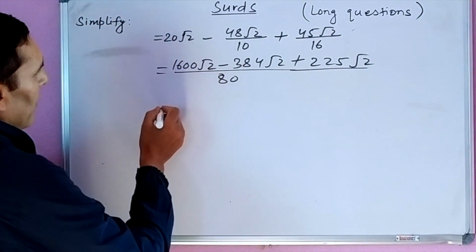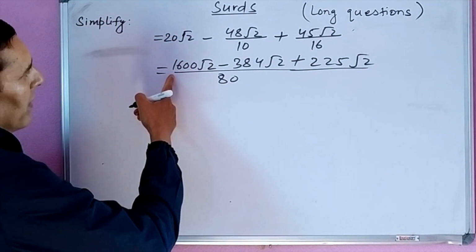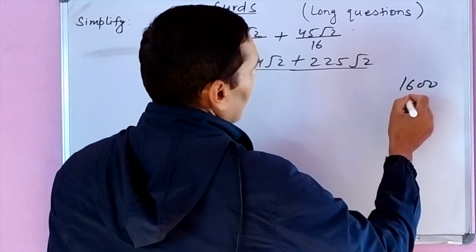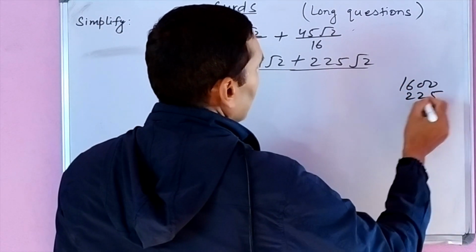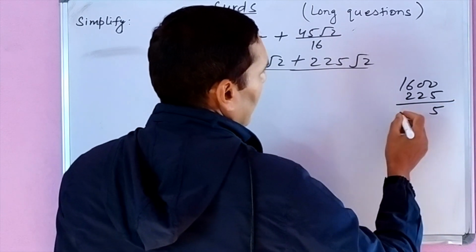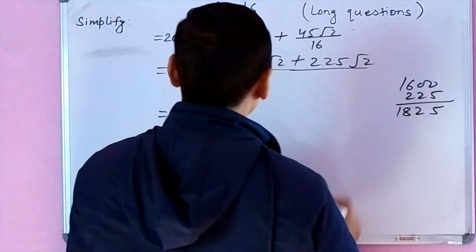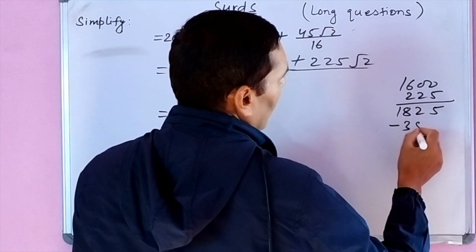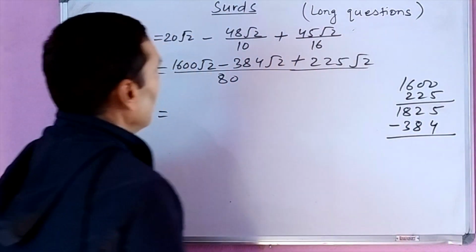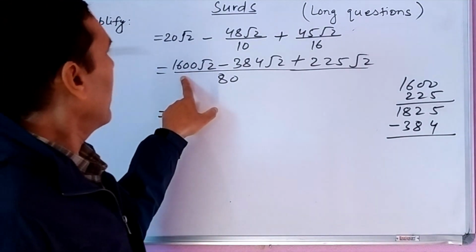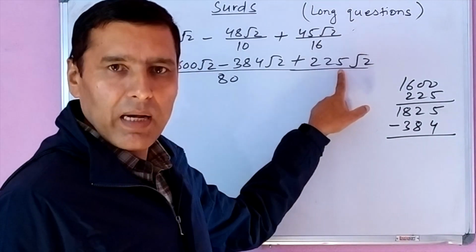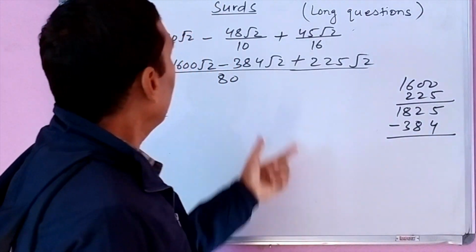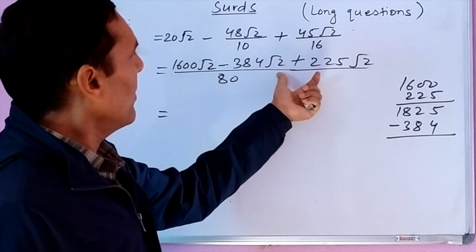Now all these are like surds. 1600 and 225 both have the positive sign, so added together it is 1825, and minus 384, because this is minus 384 root 2.